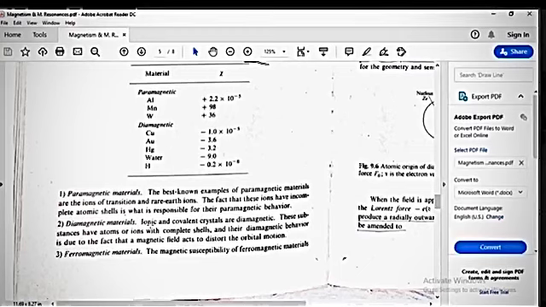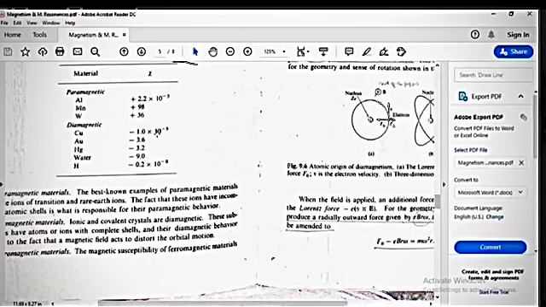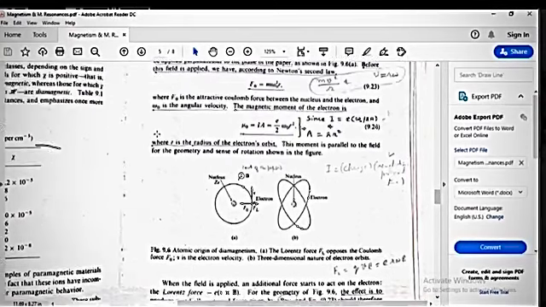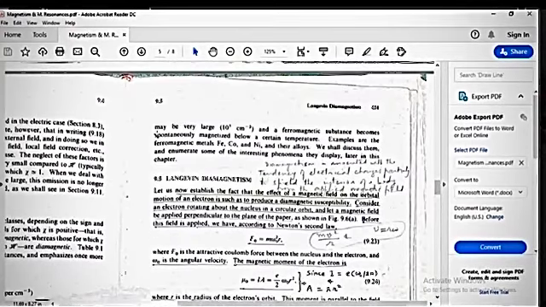Now, this is the third type of magnetic materials, known as the ferromagnetic material. The magnetic susceptibility for ferromagnetic material is very large.